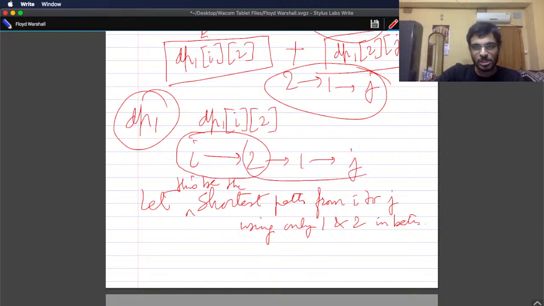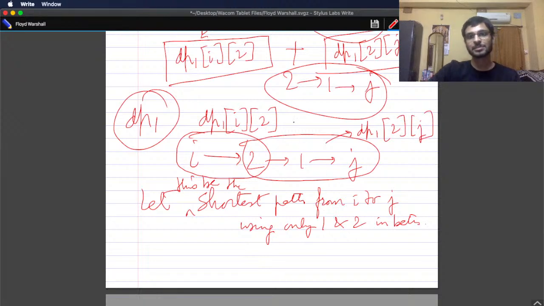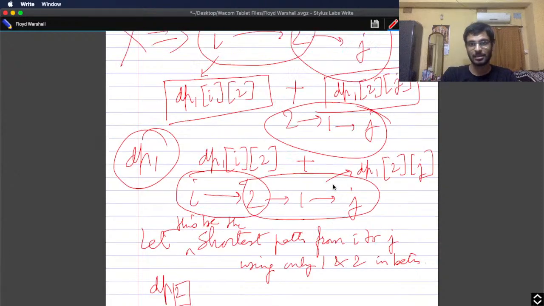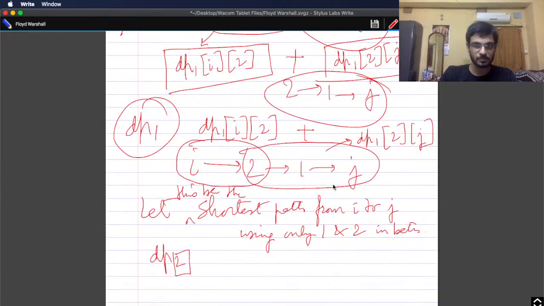And this is going to be the shortest path from 2 to j, and we also get this from dp1 of 2 to j. Why? Because the intermediary nodes are only 1. So just by adding these two values, I'm always going to get this shortest path. So eventually, in order to form dp2, I'm using the second vertex as a bridge to connect the other two segments. Does it make sense? This is actually the trick. Up to here, do you have any doubt?